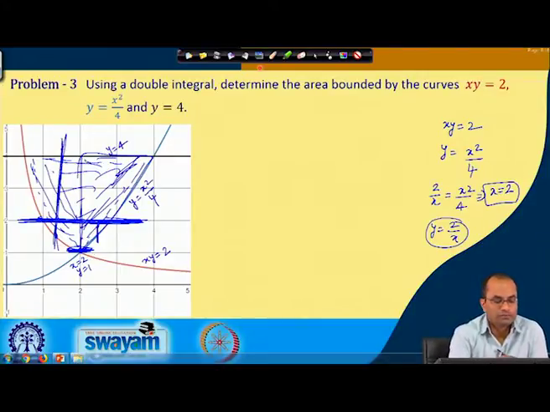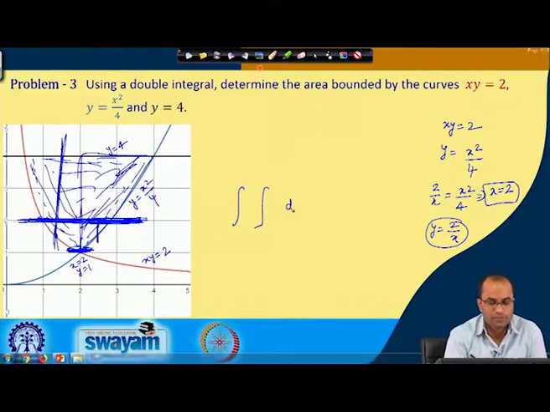So, in the direction of y we will go from 1 to 4, and in the direction of x we will go from xy = 2 to y = x²/4. Let us write down this integral, the inner one with respect to x and the outer one with respect to y.